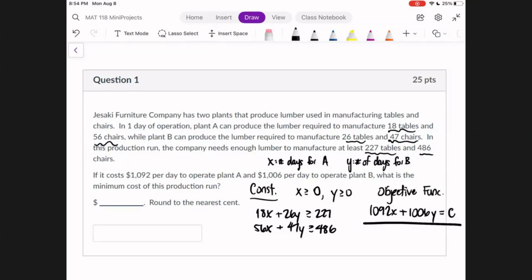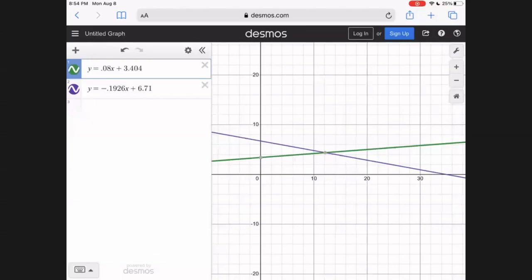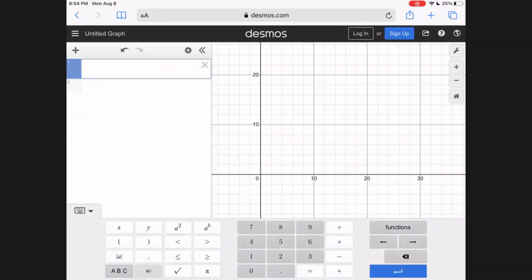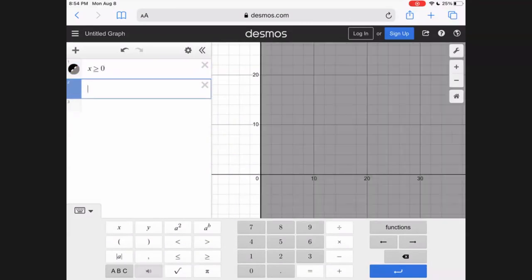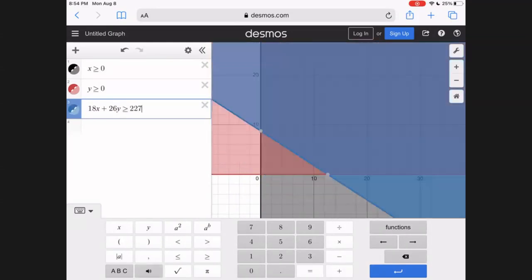So let's go over to Desmos. We have X is greater than 0, Y is greater than 0, so we know that we're in the first quadrant. And we have 18X plus 26Y is greater than or equal to 227.